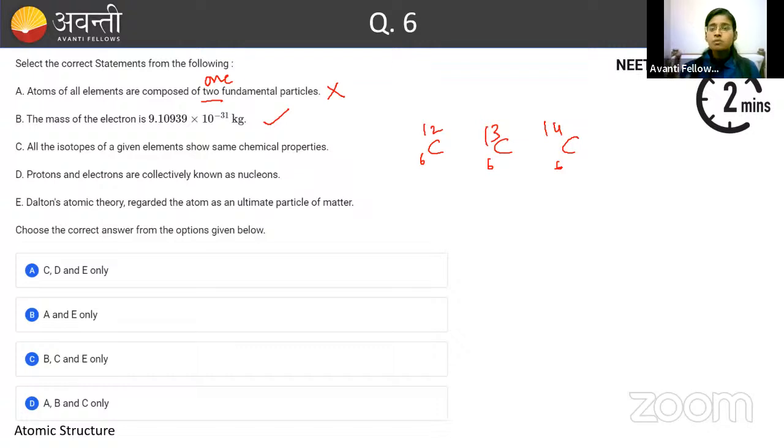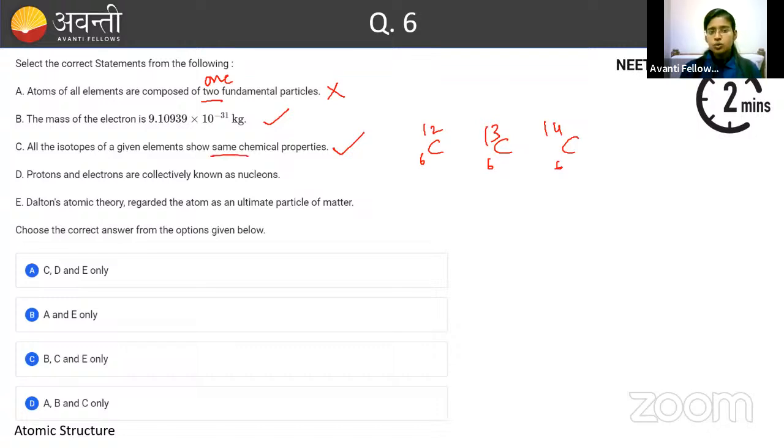So if atoms have the same atomic number, then the number of electrons is same and the number of protons is same. So if the number of electrons and protons are the same, then the chemical properties exhibited by those atoms will also be the same. The chemical properties remain the same, not the physical properties in all cases. So that is also a correct statement. Same chemical property, correct.